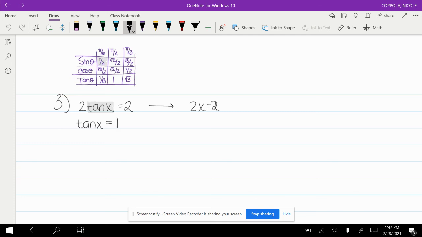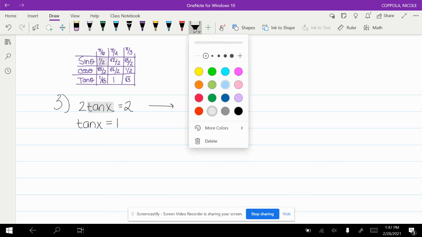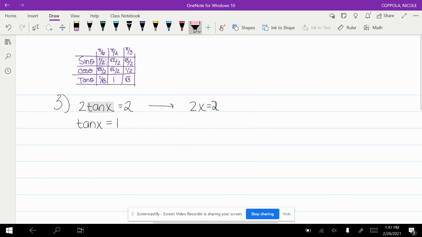Now I need to figure out when tangent will actually equal 1. On my table, I see that tangent is equal to 1 at pi over 4. So pi over 4 will be one of my answers. But that is not the only spot on the unit circle where tangent is positive.